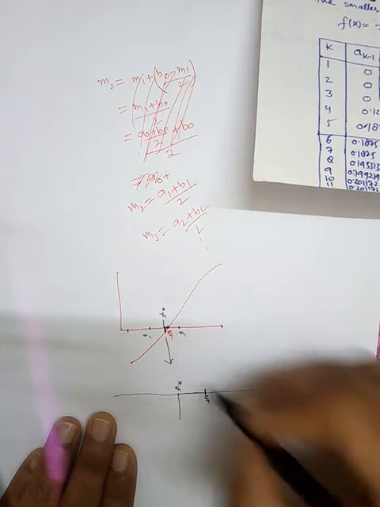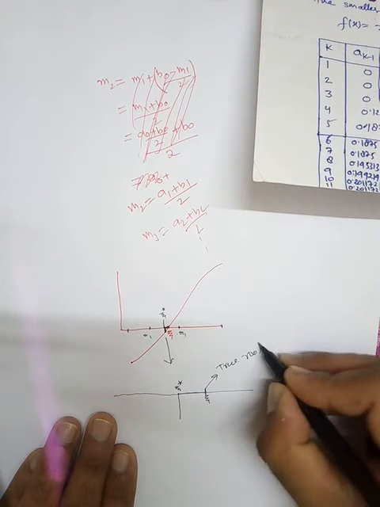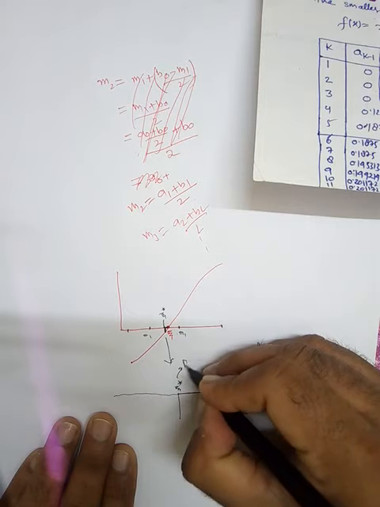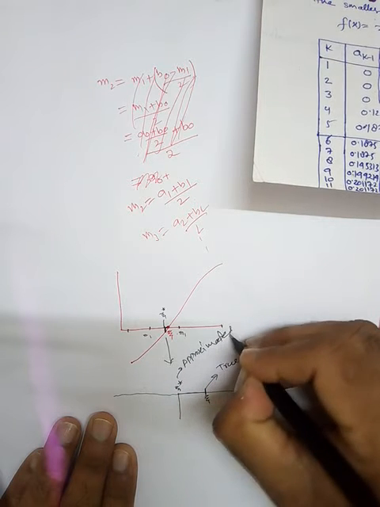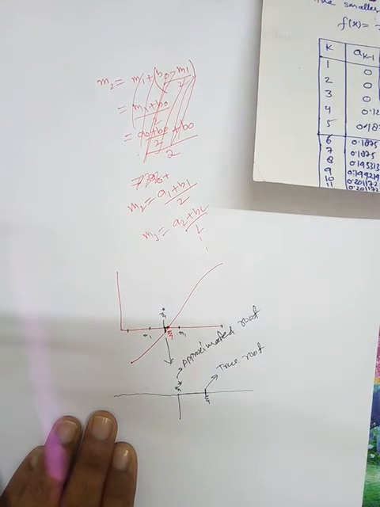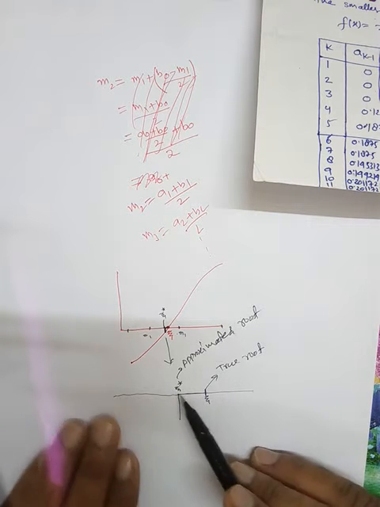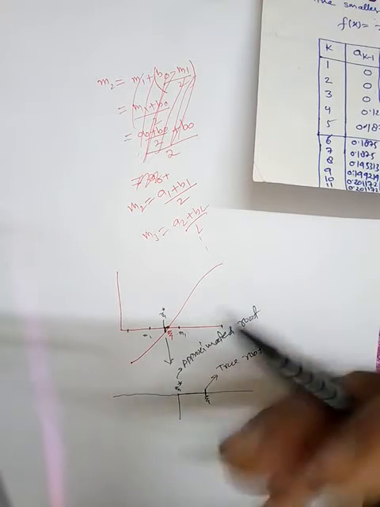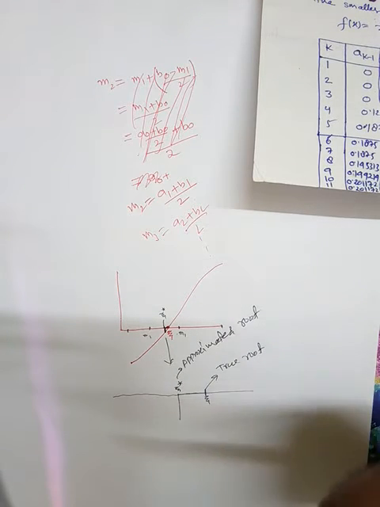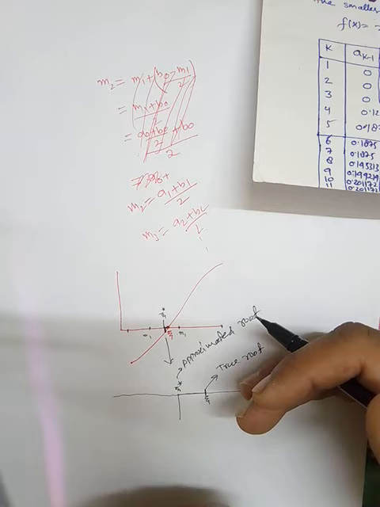So this is your true root or actual root, and this is the approximated root. In numerical analysis we are not able to find the exact root; we are trying to reach towards the exact root.